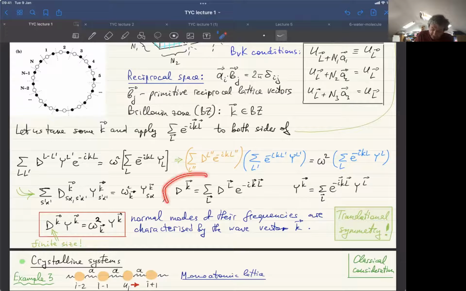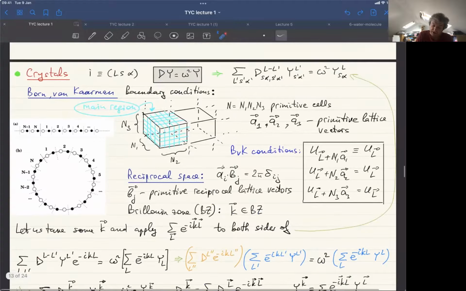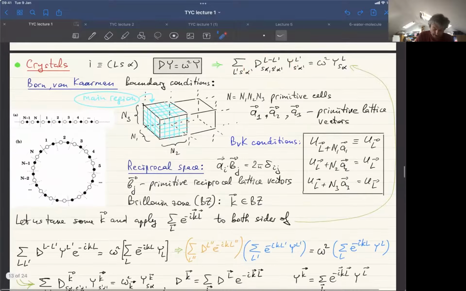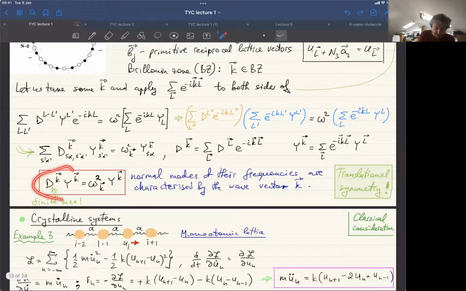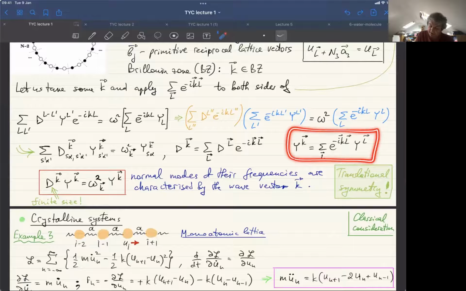So we define this matrix, and therefore we determine eigenvectors and eigenvalues of that matrix instead of the original matrix, which has an infinite size. Now we determine this for a finite size matrix, and this y_k is a finite size eigenvector of that matrix, and that is related to the infinite size vector y_L.